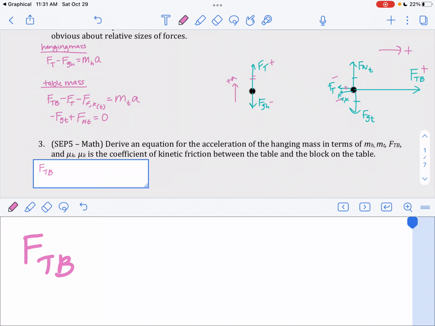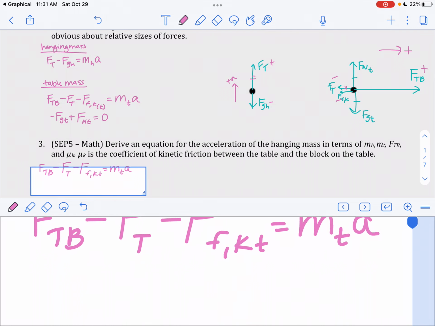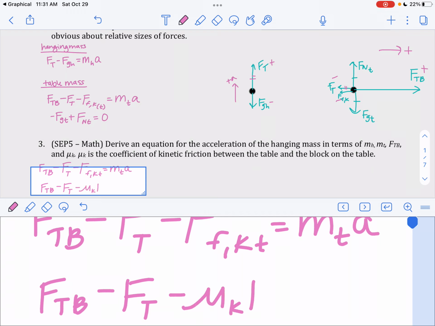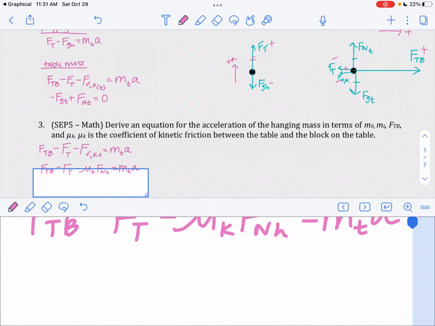So Ftb minus Ft minus this force of friction on the table mass. And I'm going to start to plug some stuff in. I can break down the force of friction in terms of mu k times Fn on the hanging mass, because it is kinetic friction, so I can actually use that equation.